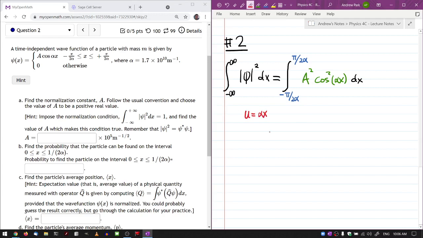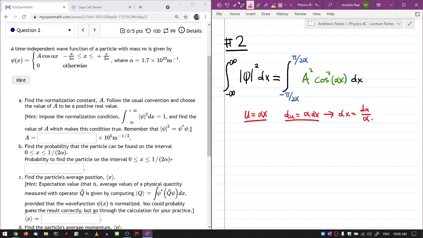That simplifies something quite a bit, which let me show you. With this substitution, you have du is equal to alpha dx, or this substitution tells you that dx is equal to du over alpha.